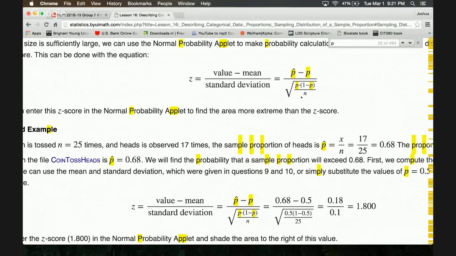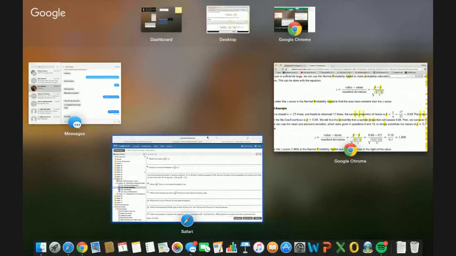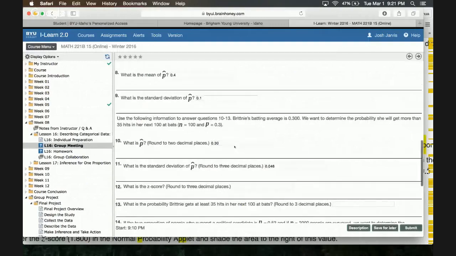P hat is 0.35, because it says she wants to get 35 out of 100 at bats. So the number in question is 0.35. Oh, okay. Sorry, I was just looking at the 0.3.